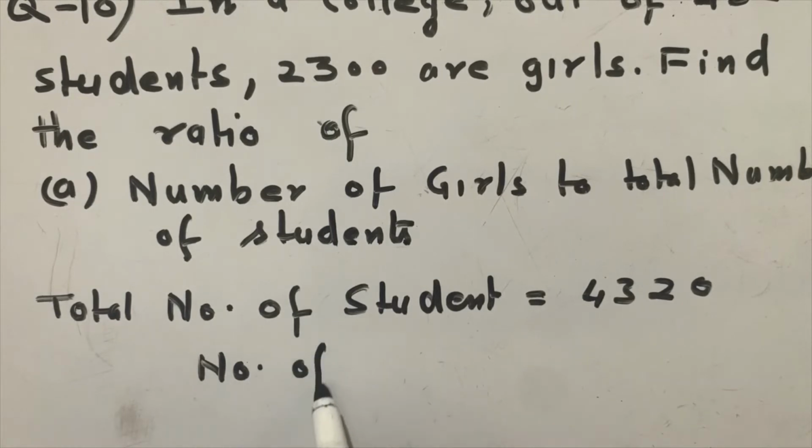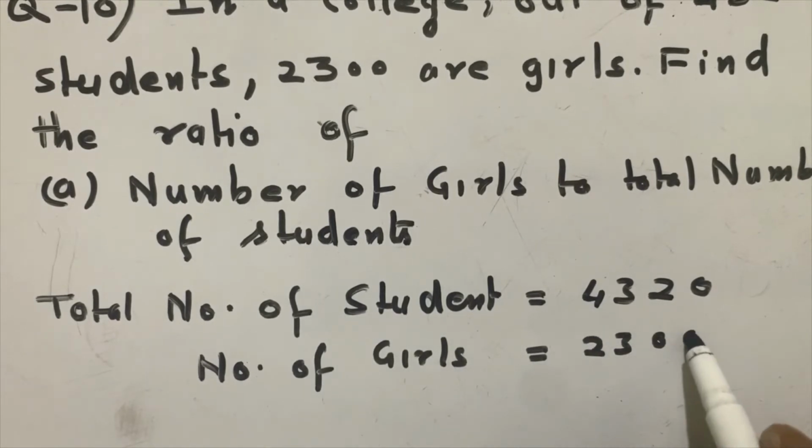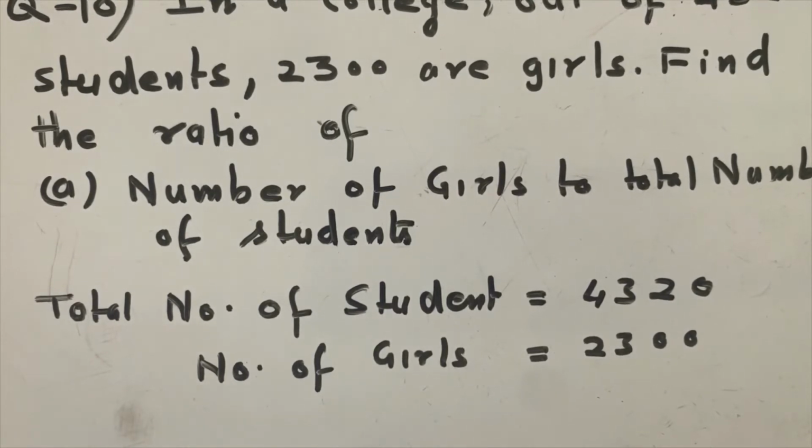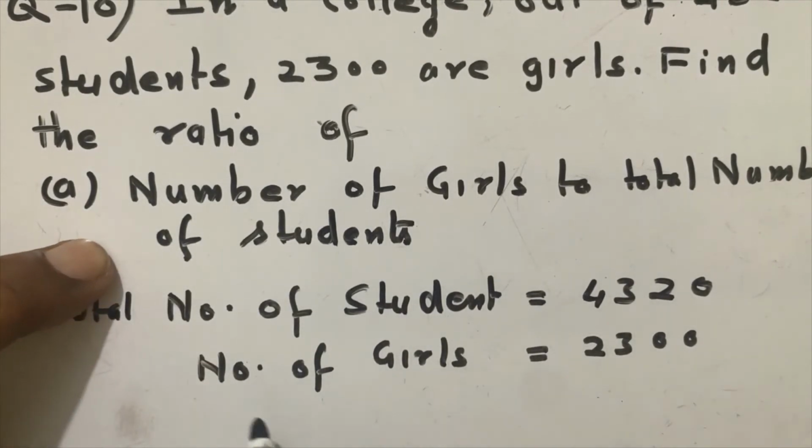Number of girls given is 2300. So part A is the number of girls to the total number of students.